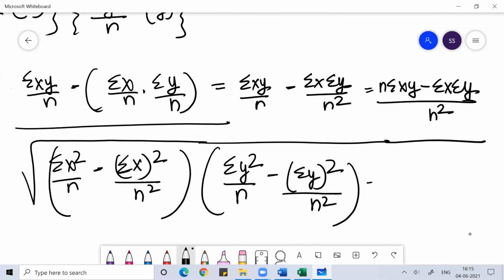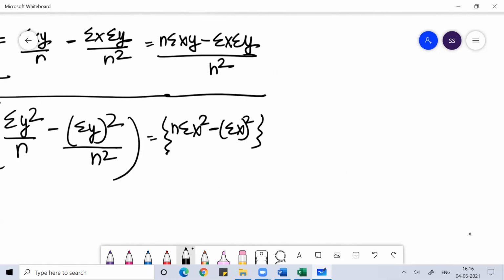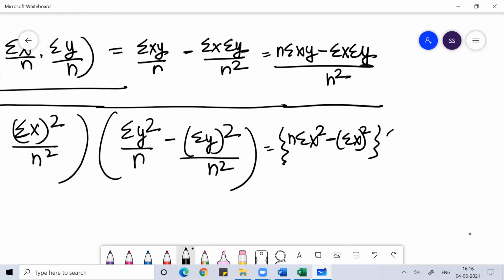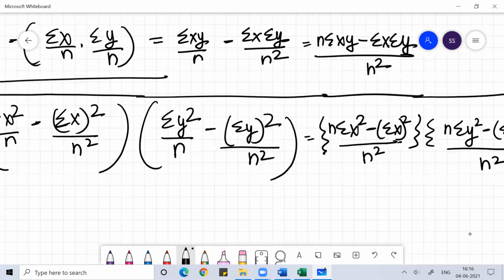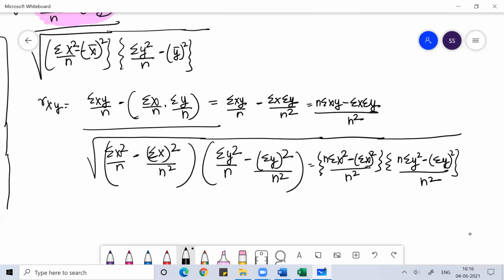This you can write as n sum of x square minus (summation of x) whole square, then we can write the same thing for this: n summation of y square minus (summation of y) whole square. By this, here you get n square, here you get n square. Any doubt, anyone?